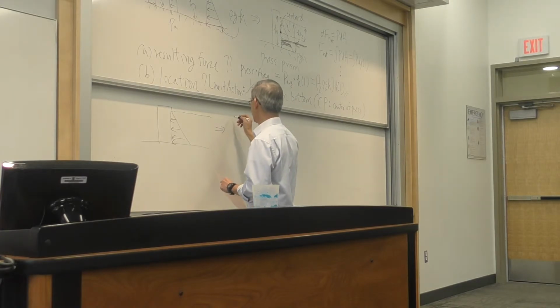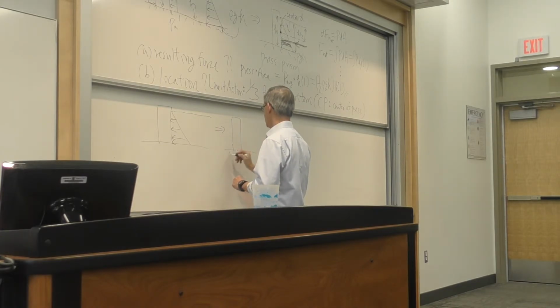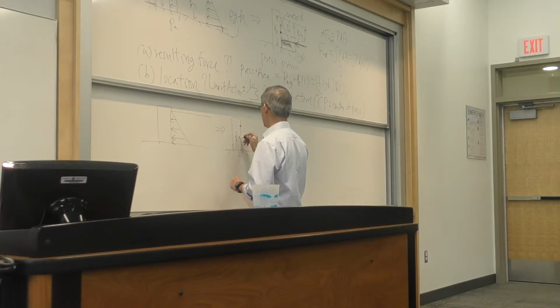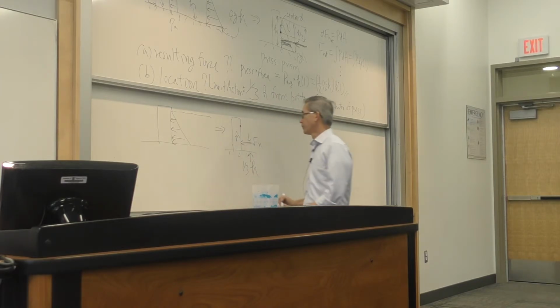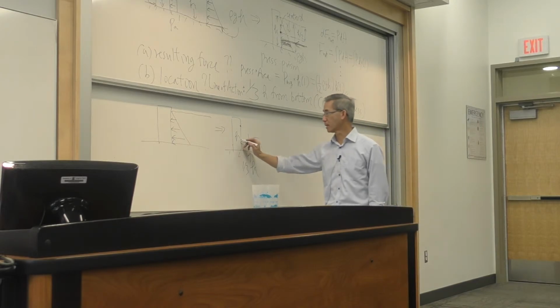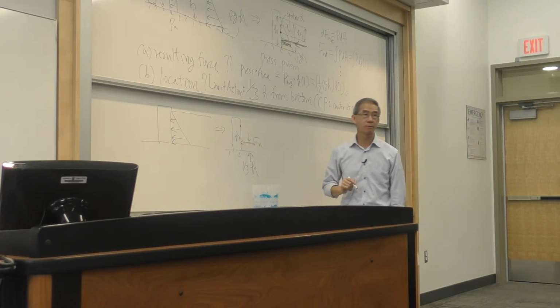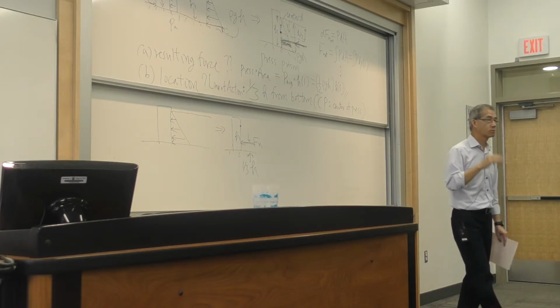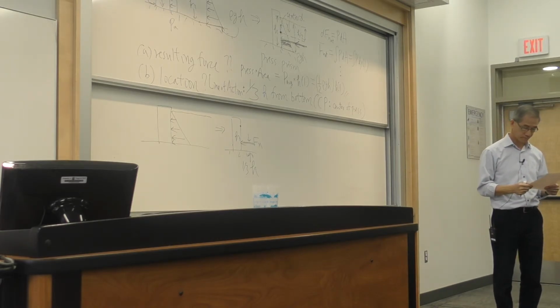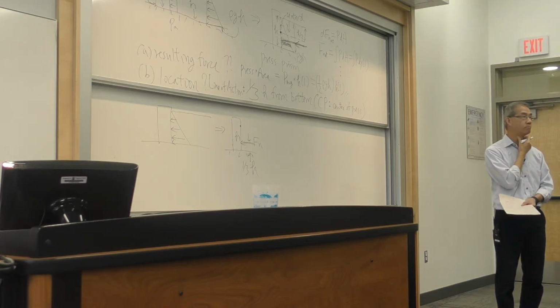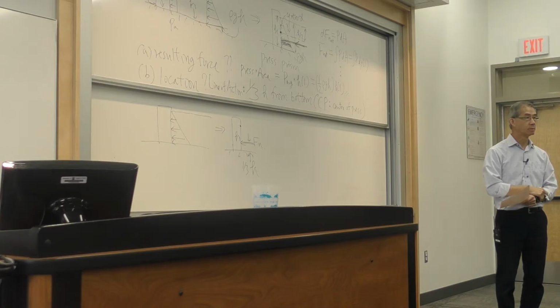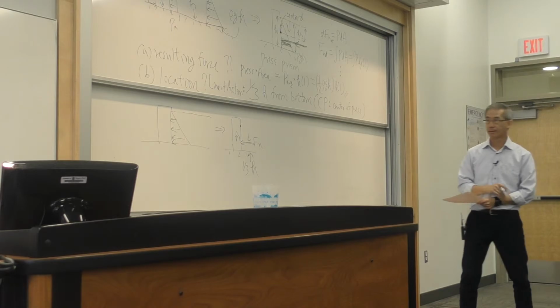This now becomes an equivalent free-body diagram of which the resultant force is calculated as shown, and the location is 1/3 from the bottom. 1/3 from the bottom. Any question on this? This one approach took me a little longer, but it's worth it. Okay?